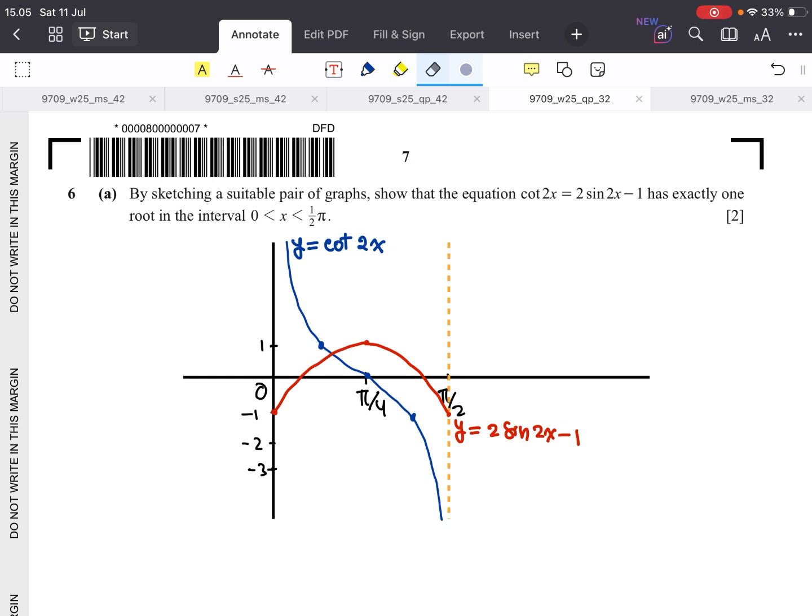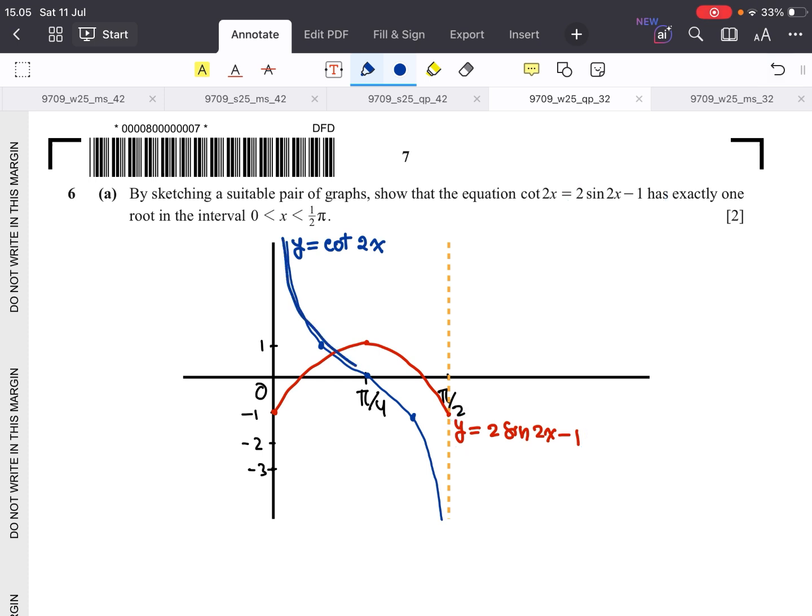Question 6. A. By sketching a suitable pair of graphs, show that the equation cot 2x = 2 sin 2x - 1 has exactly one root in the interval 0 < x < π/2. So the solution to this equation is the intersection between the graph of y = cot 2x and the graph of y = 2 sin 2x - 1.